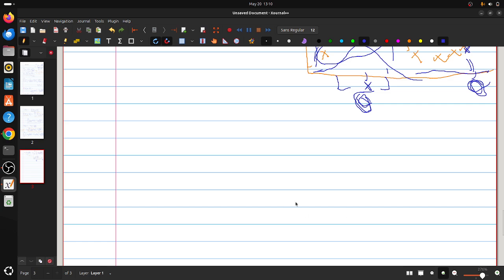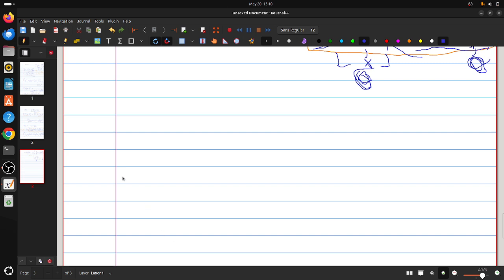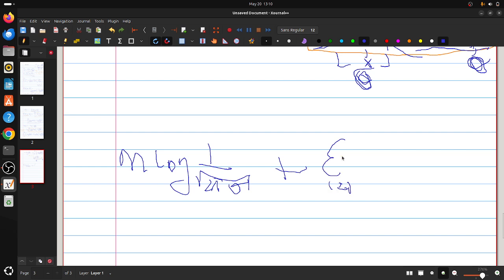So given this model, if I can write it here: m log of 1 over the square root of 2 pi sigma, plus the summation from i equals 1 up to m of minus (y_i minus theta transpose x_i) squared over 2 sigma squared.